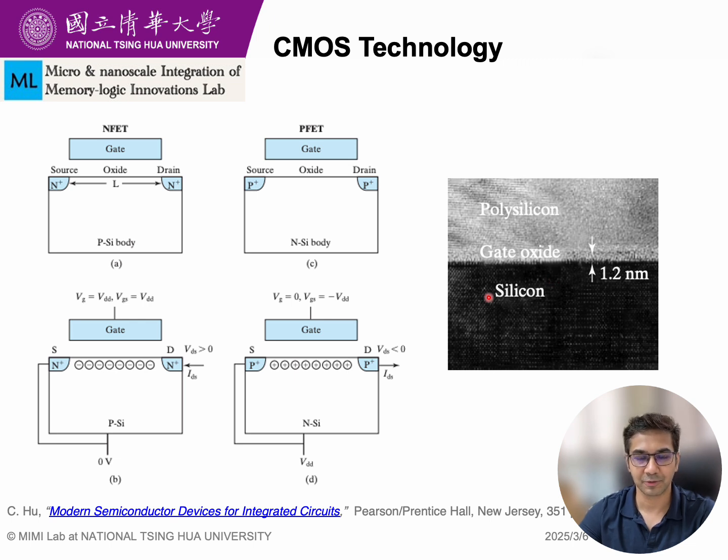We will go into much more detail about how we deal with gate oxide thickness scaling, whether tunneling occurs, and whether the insulating properties are still there or they are being lost. We will go into much more detail in our next few slides.